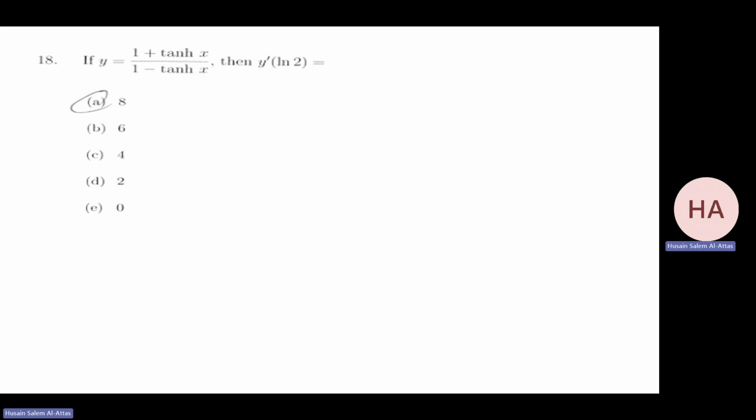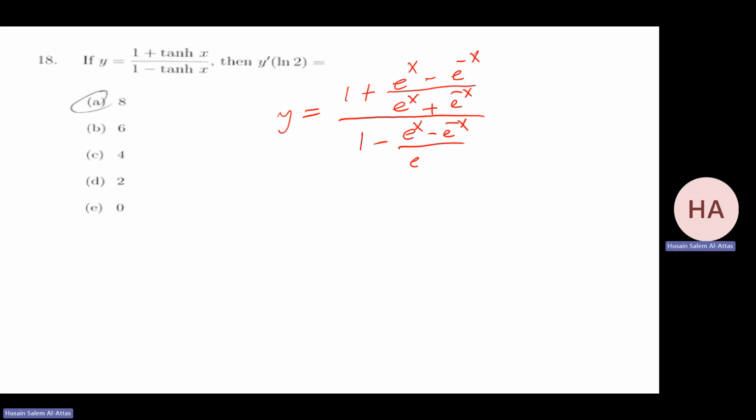Okay, I want y prime. First I simplify y. Y is 1 plus e^x minus e^(-x) over e^x plus e^(-x), over 1 minus (e^x minus e^(-x)) over (e^x plus e^(-x)).